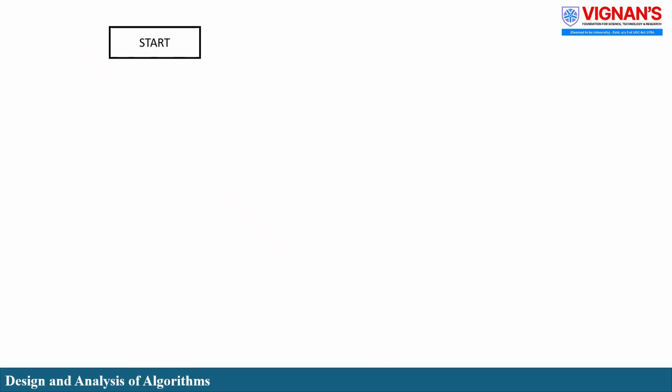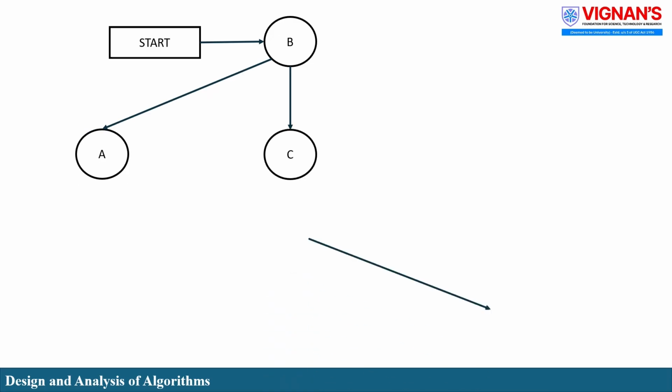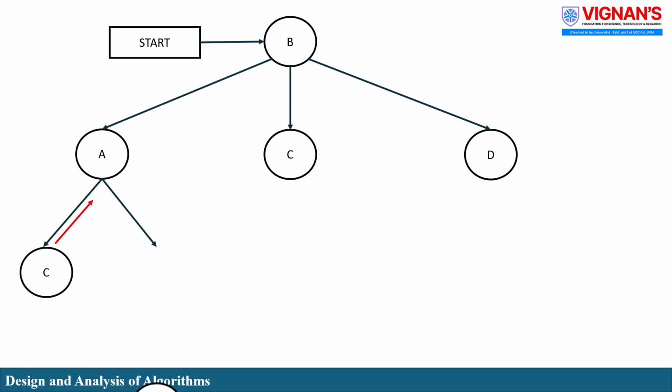Here is the solution for the above problem. We begin with B, because the rule says that B must be included in every team. From B, we explore all possible combinations by trying A, C, and D one by one. When we choose A as the next member, we try adding C and D. The combination B, A, C is rejected because A and C cannot be together.